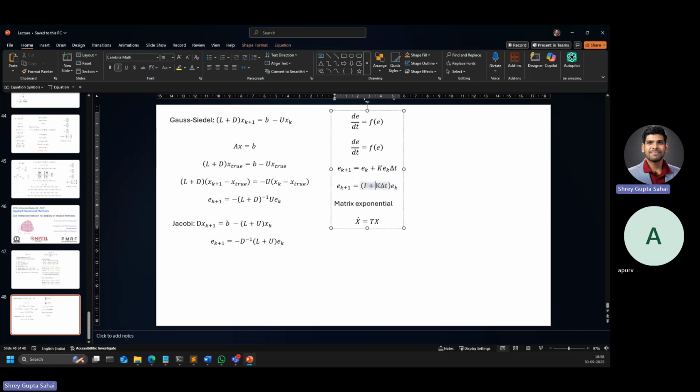This was a discontinuous approach, but in a continuous approach, this is how it would look.